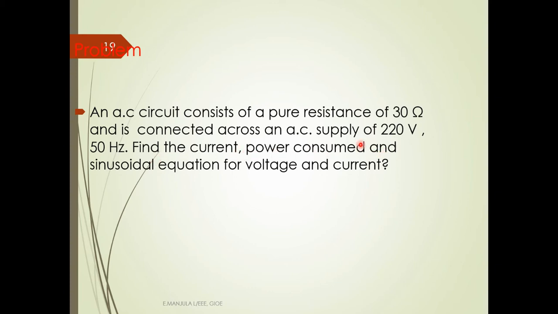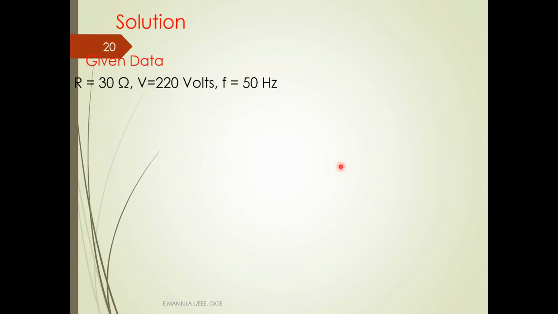Find the current, power consumed, and the sinusoidal equations for voltage and current. So R is equal to 30 ohms, V is equal to 220 volts, f is equal to 50 hertz. This is the given data, and current I is equal to V by R, which is 220 by 30, which is 7.3 amps.